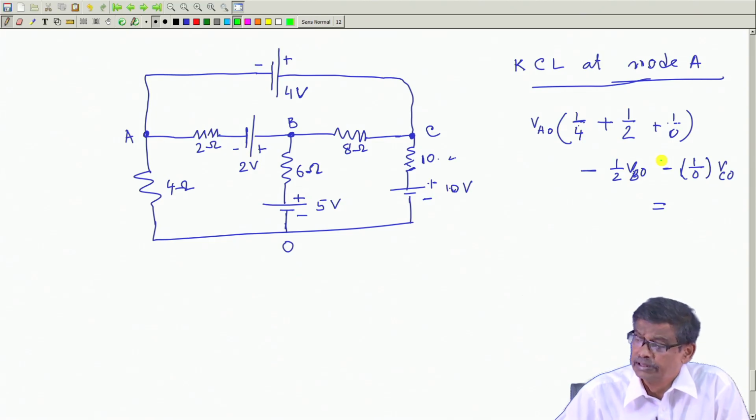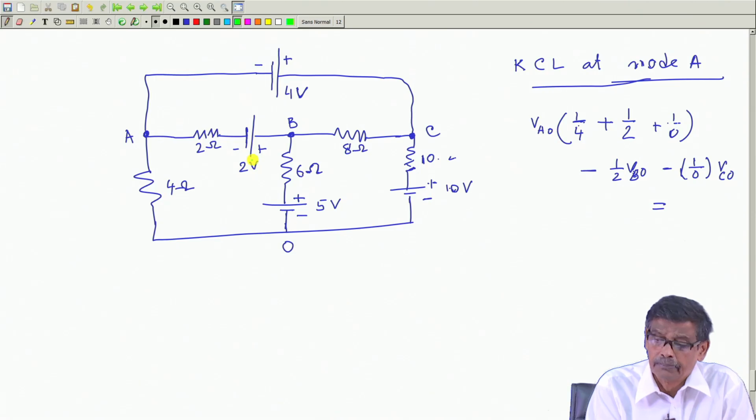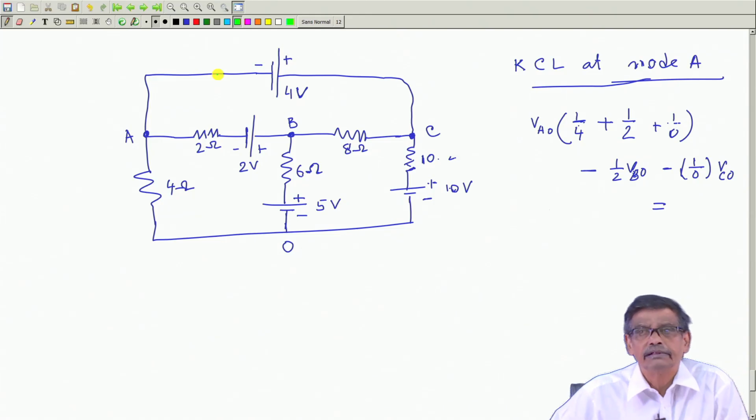So, what to do with that? Similarly, the coefficient of VC0 will be infinite. Similarly, for the sources, at node A it will be minus 2 by 2, that is fine, but here this 4 by 0. So, all these things complicate the matter.